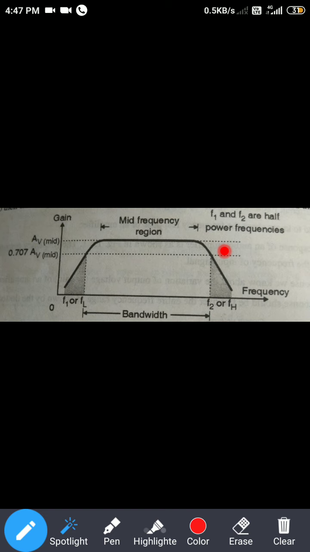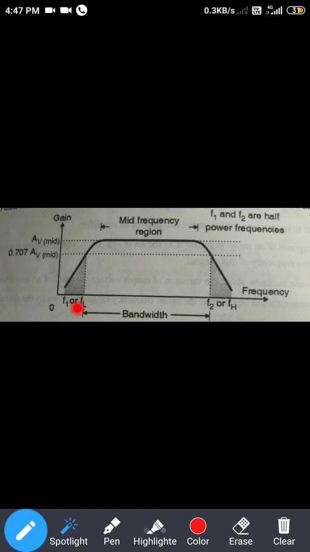decreases due to increased reactance of coupling and bypass capacitor. So instead of getting constant voltage gain, here you are getting a decrease in the voltage gain. This is because of the increased reactance of coupling and bypass capacitor.